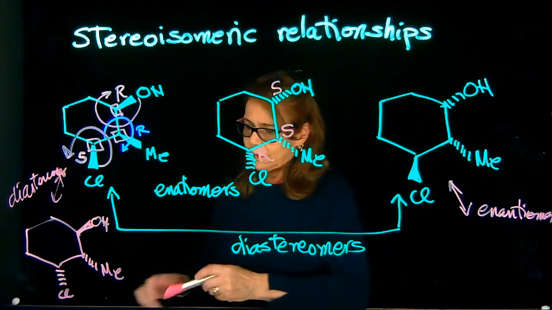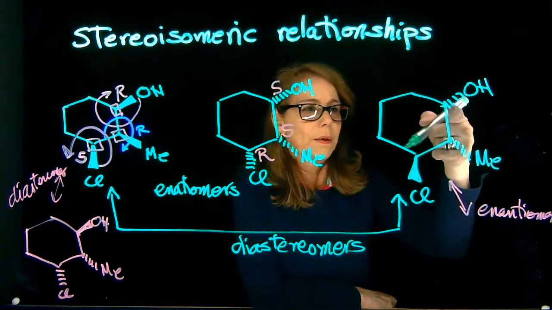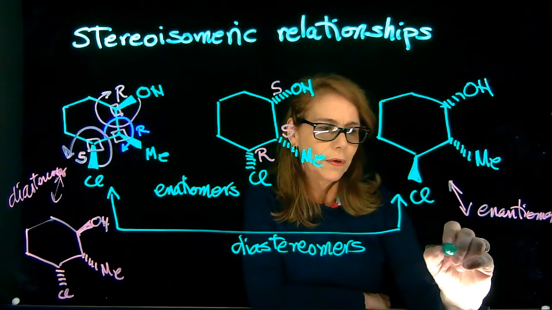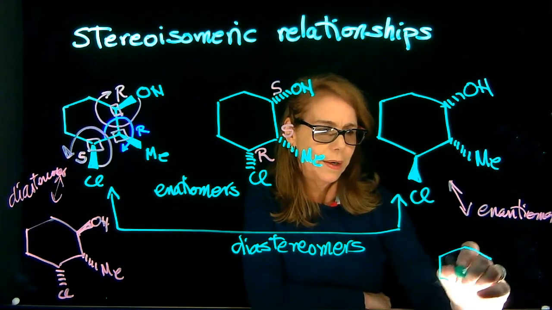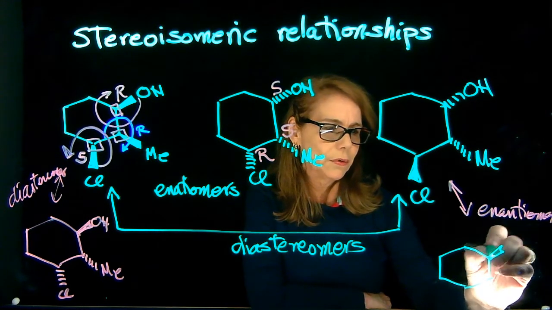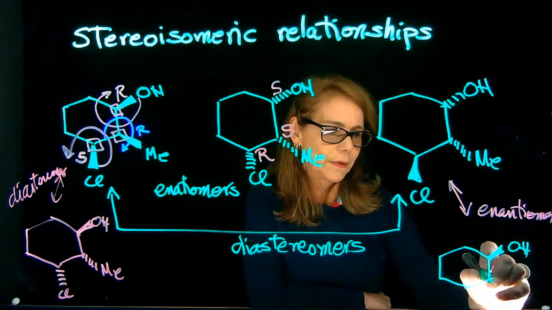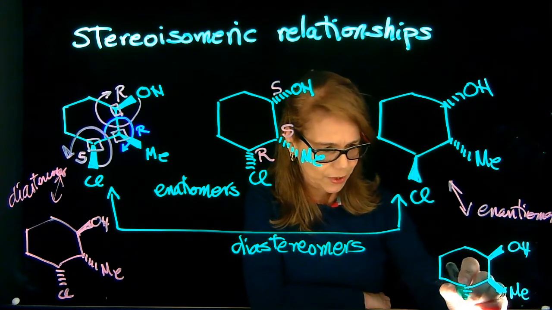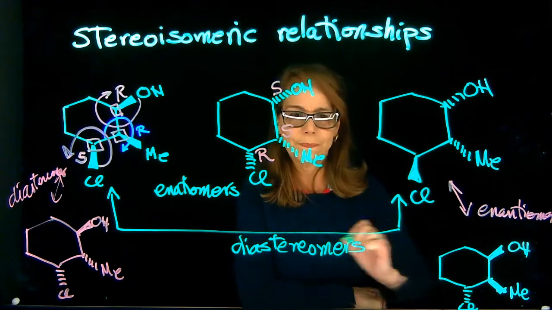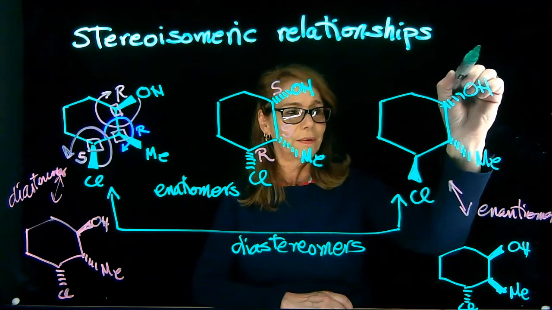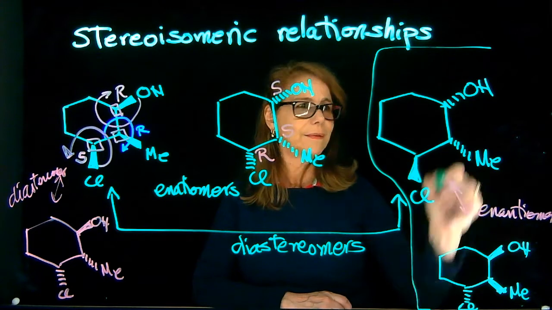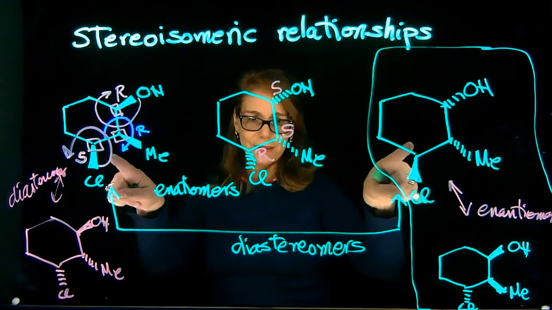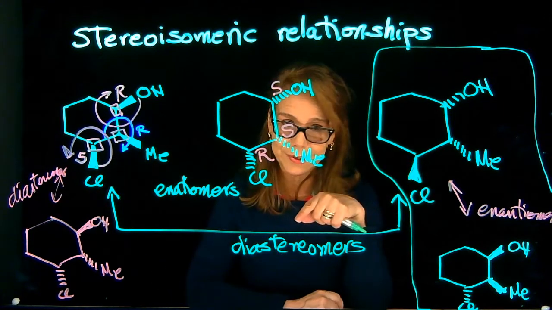So I'm flipping the OH and the H and so forth. So the enantiomer of the one above would be here. I'm changing this center, here I'm changing that center, and I need to change the other. Right? So now I have changed this. These two I relate as enantiomers. These two I relate as diastereomers.